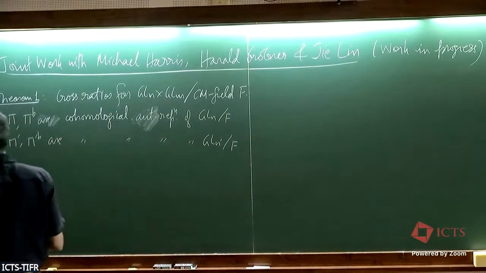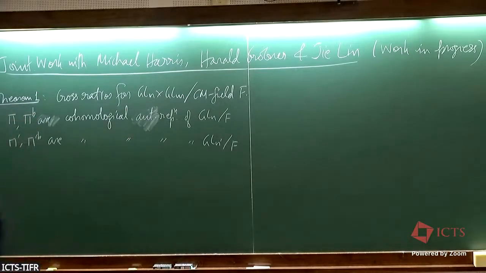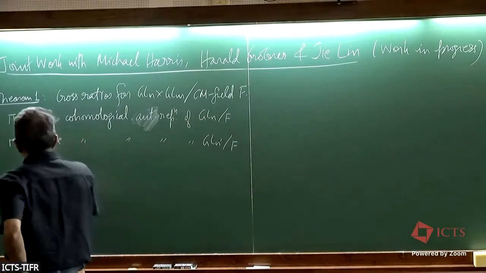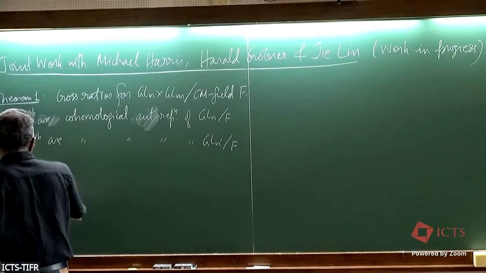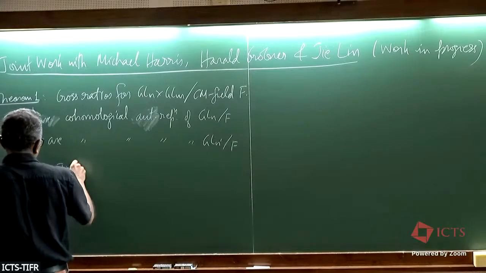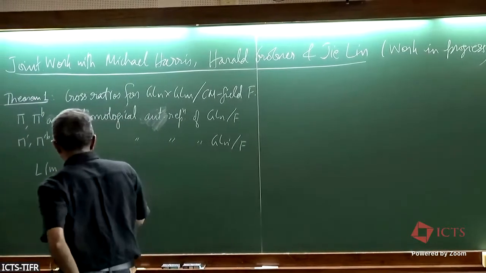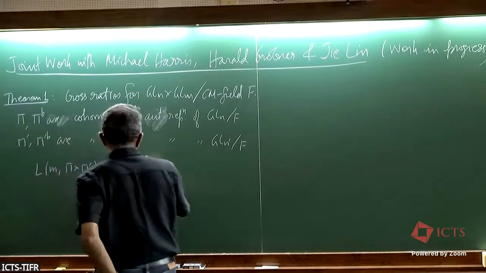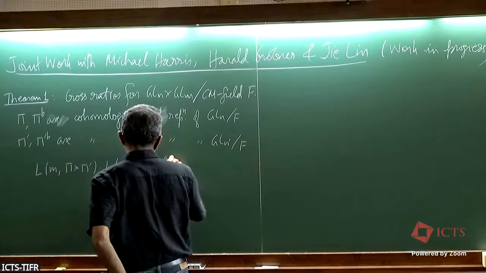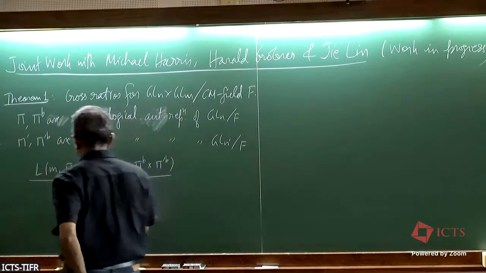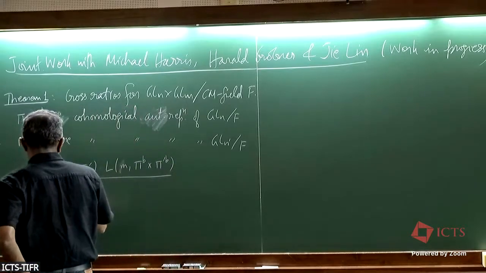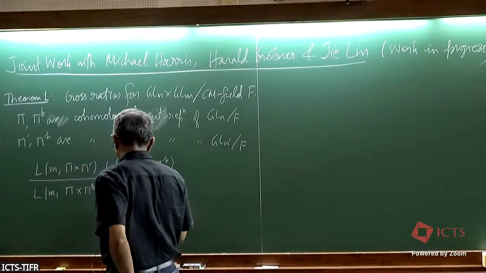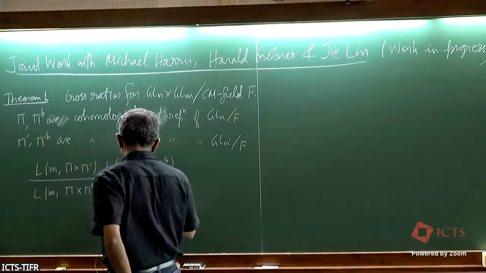For Chen, if you're working over Q, there's a certain parity restriction. For us, there isn't any parity restriction on N, N prime. For some critical point, the cross ratio goes like this: a critical value for pi cross pi prime times a critical value for pi flat cross pi prime flat, divided by pi cross pi prime flat and pi flat cross pi prime.